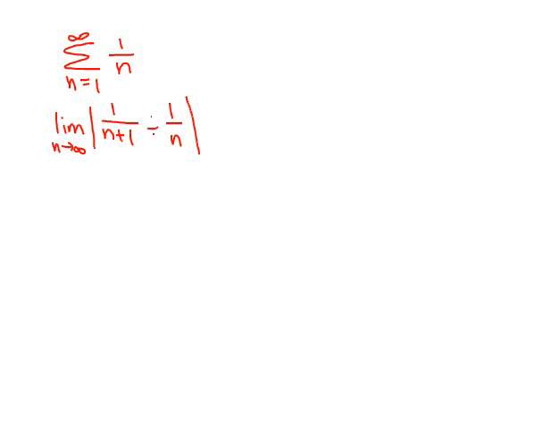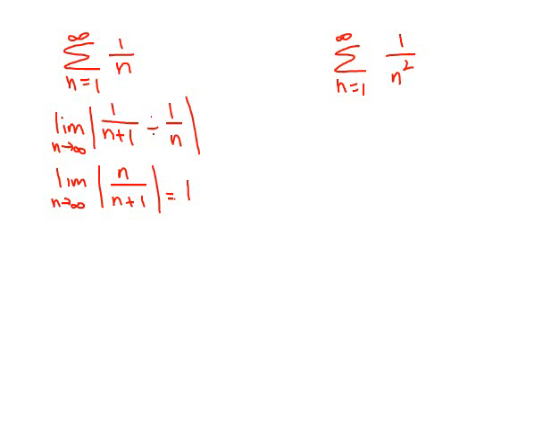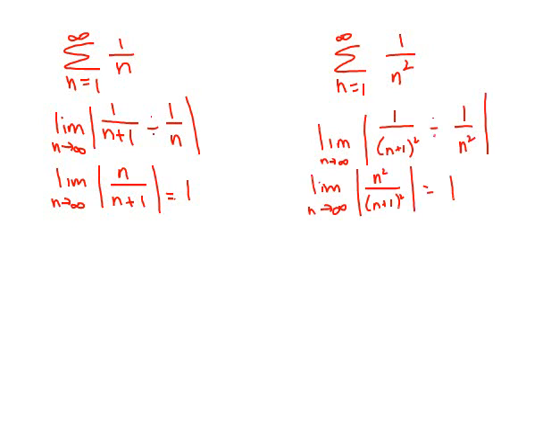Let's look at why the ratio test is inconclusive when the limit is equal to 1. First, consider the harmonic series. The limit of the ratio of the n plus first term to the nth term is 1. For the p-series with p equal 2, the ratio between terms also has a limit of 1.